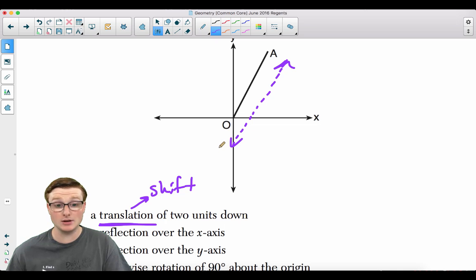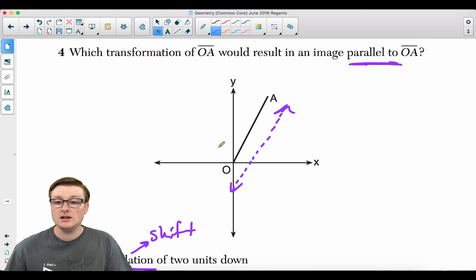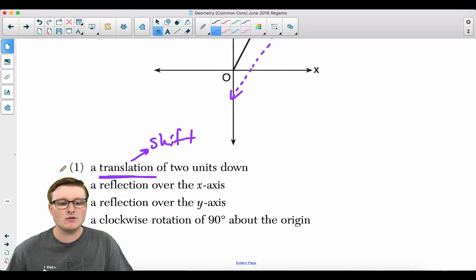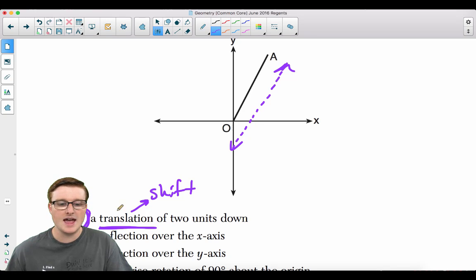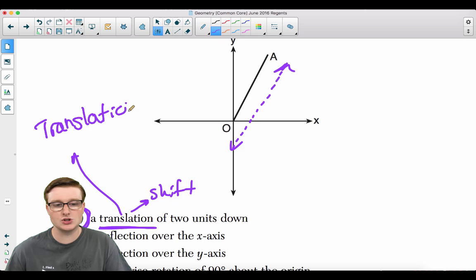Now it's asking for parallelism, okay? Does that look parallel? Yes, it does. Now remember, parallel lines never touch. Those will never touch. And you need to know that translations preserve parallelism. That is a property of a translation.